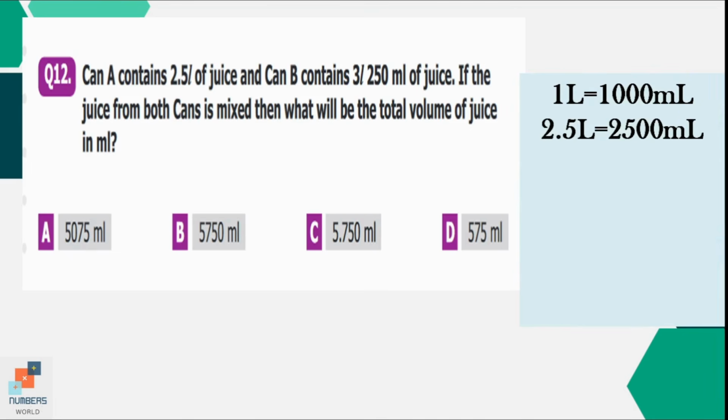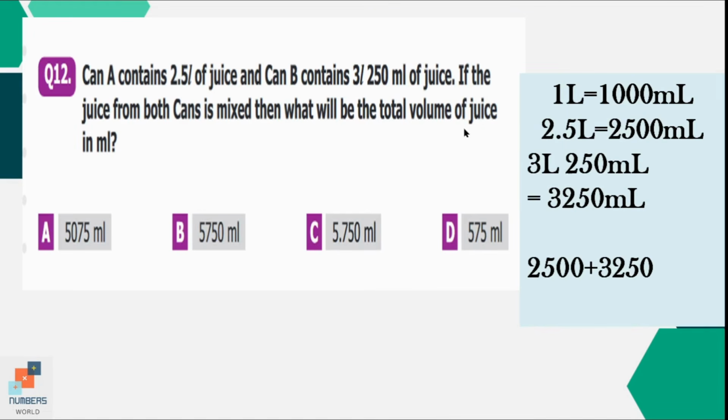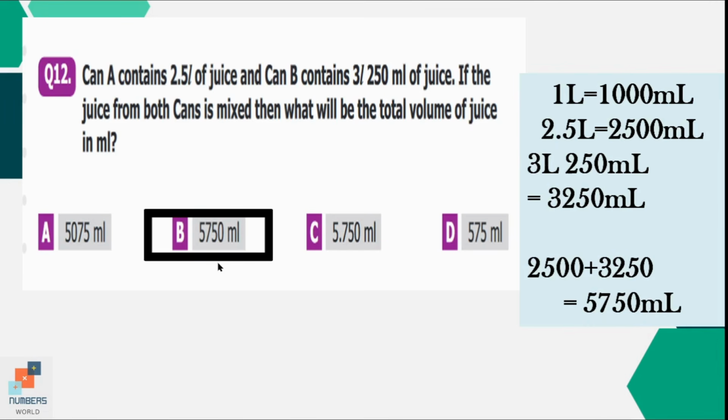So 2.5 liters can be written as 2500 milliliters after multiplying it by 1000. Then 3 liters 250 milliliters can be written as 3250 milliliters. Now we have to find the total volume of the juice in milliliters. So we will add the numbers, that is equal to 5750 milliliters, which is our option B.